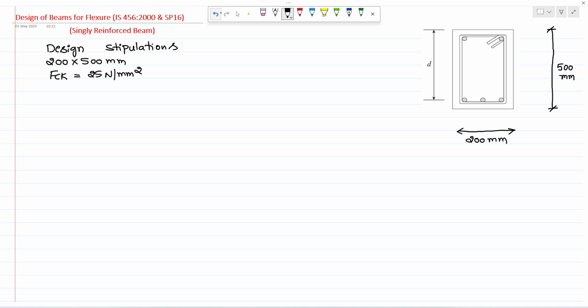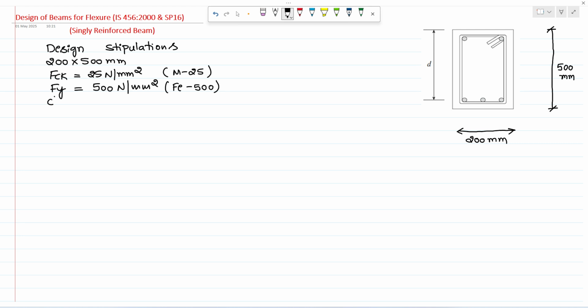I will be using M25 grade of concrete. And fy, grade of steel, is 500 Newton per mm square. So M25 grade concrete, and steel will be Fe 500.